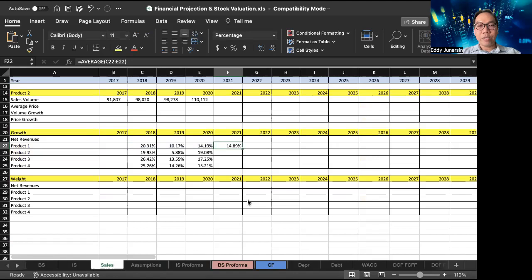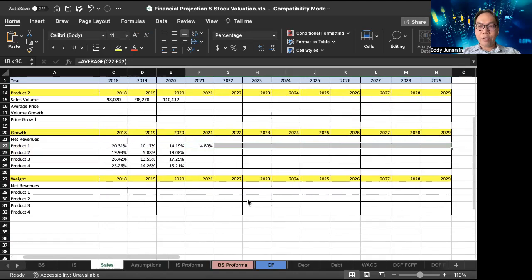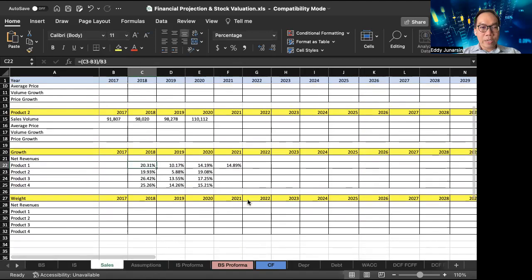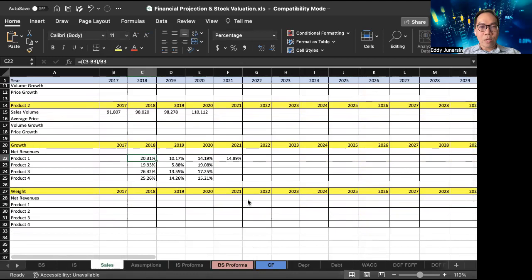Right, 14.89%, and you could maintain 14.89% for the next 10 years, right, if you want to do it. Or another way, if you look at the pattern here, it's like 20.31 going down to 10.17 and then going up at 14.19%.